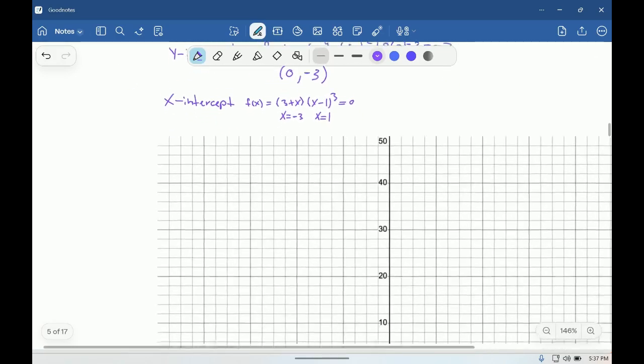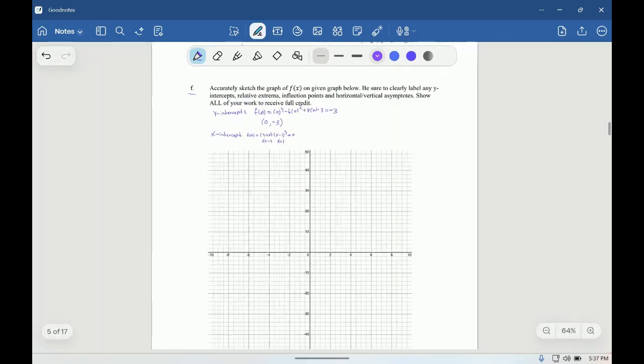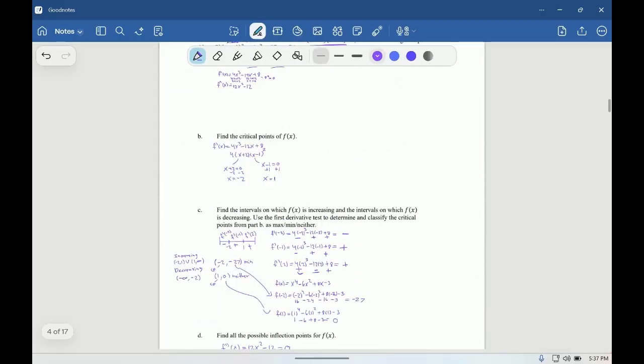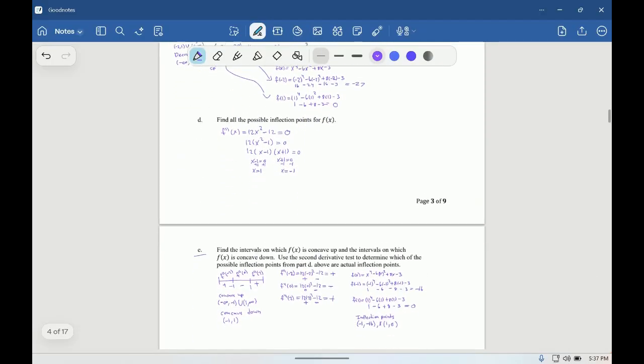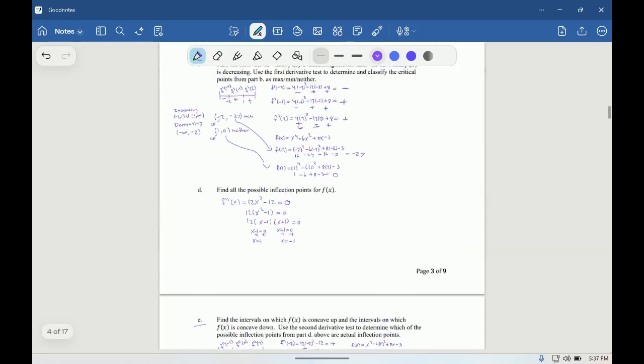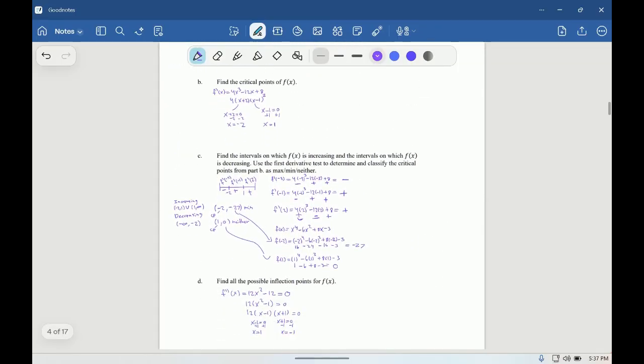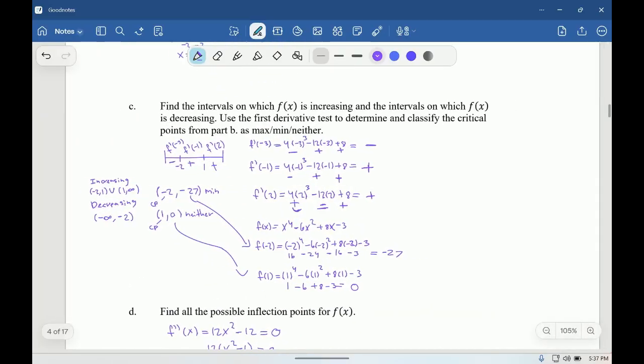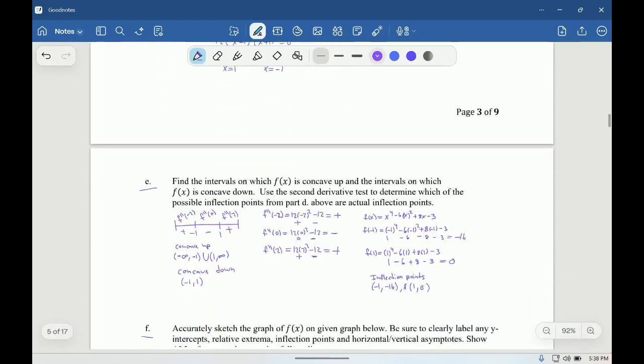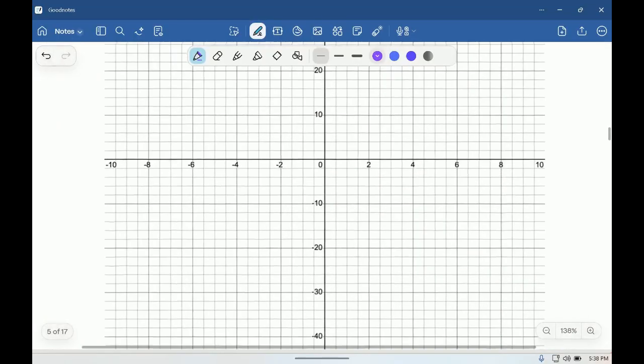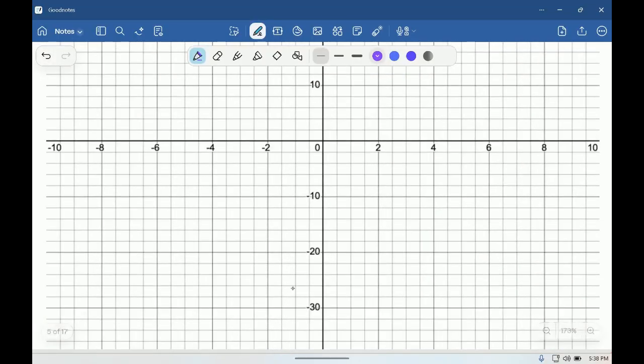Okay. So now we're going to have to combine everything we've learned so far, beginning with our critical points. The minimum is going to be (-2, -27), so we're going to write min at (-2, -27).